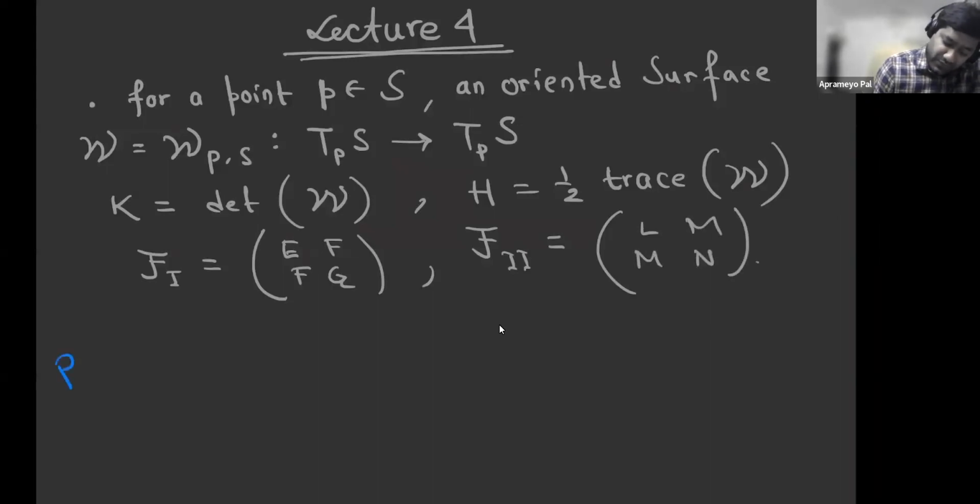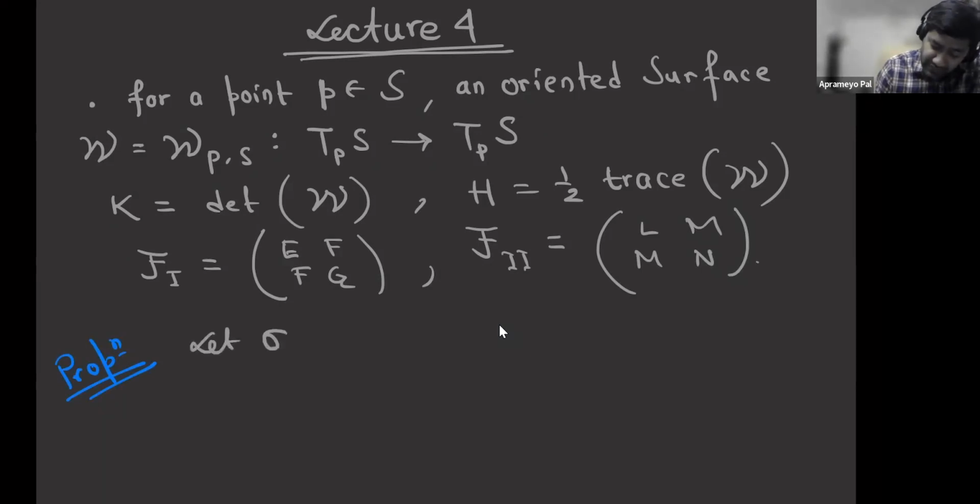And we finished with the statement of the proposition, which gives us the first step towards explicit computation of the Gaussian and mean curvature. So what's the proposition?